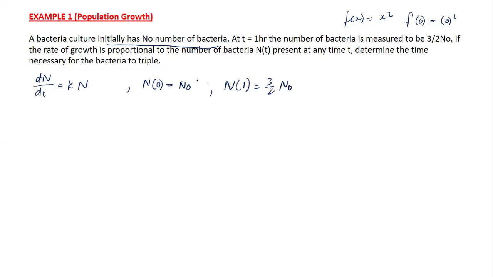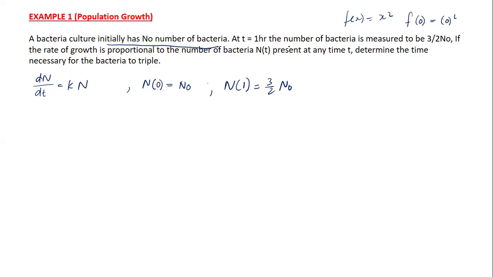So this N naught could be 200. If initially our bacteria were 200, you're going to say 200 multiplied by 3 over 2, and then we get 300. So 1 hour later, the number of bacteria is going to be 300, but we don't know the exact initial number of bacteria, so we're going to represent that as N naught. I hope you understand what I'm doing here, okay?